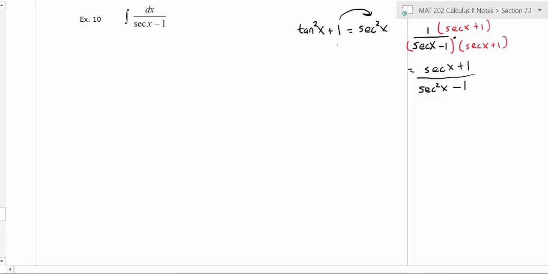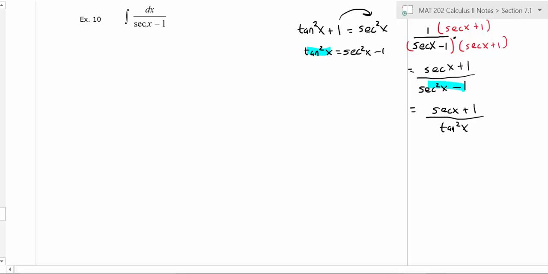So notice if I move the 1 to the other side, I get tangent squared x equals secant squared x minus 1. So I'm going to replace the whole denominator with this, and that leaves me with secant x plus 1 over tangent squared x.